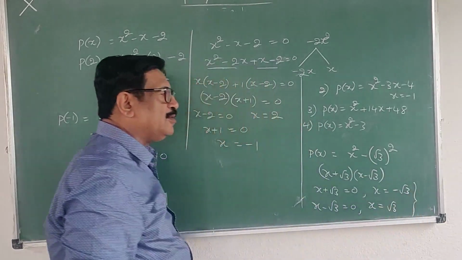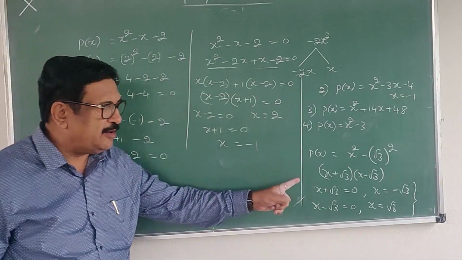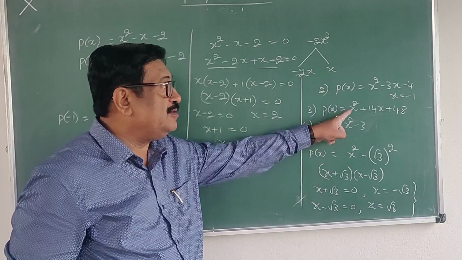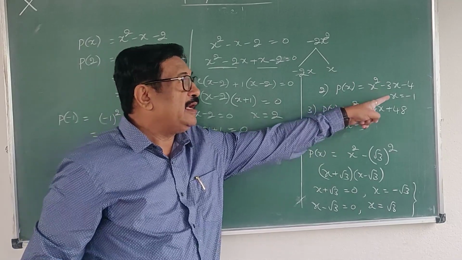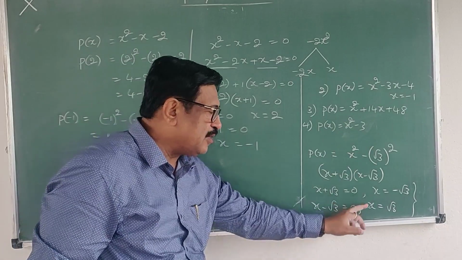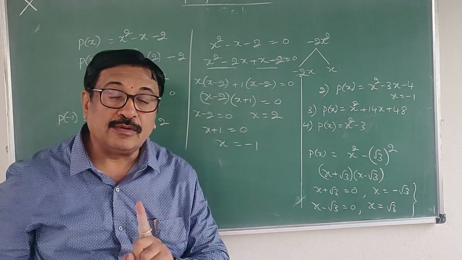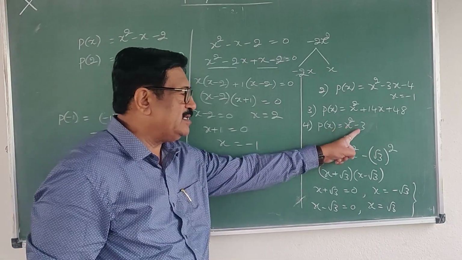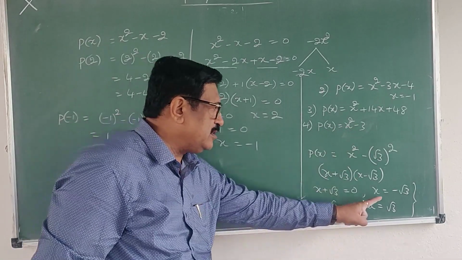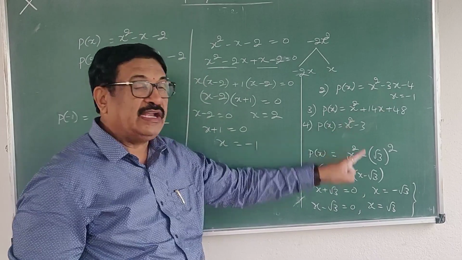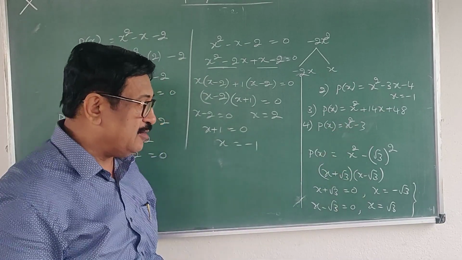What I wanted you to do at home, I have only done it. In the same way you will do this sum. Here you need to just substitute minus 1 for x. After this, I want you to do verification. How do you verify? Take this x squared minus 3, substitute minus root 3 here and find the result, see whether you get 0.